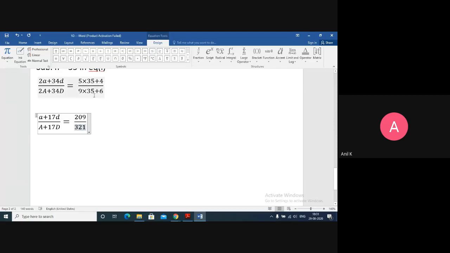Okay, I think I am correct. It is correct. Now I got a plus 17d upon capital A plus 17 capital D equals 209 upon 321.